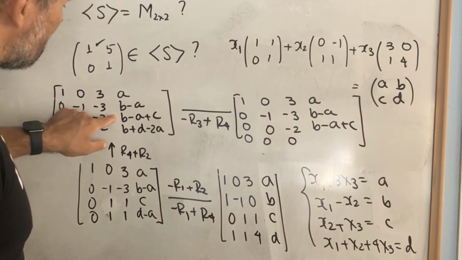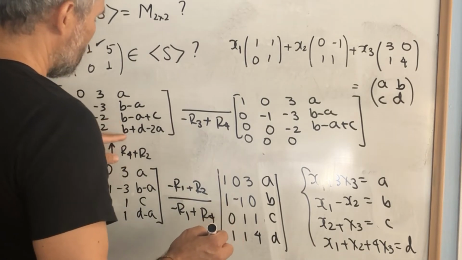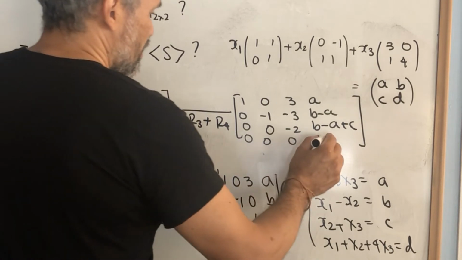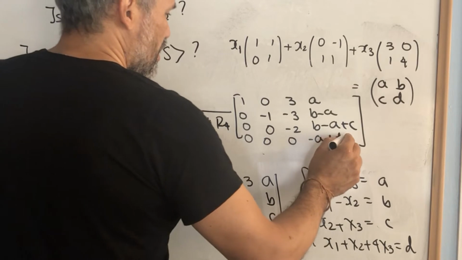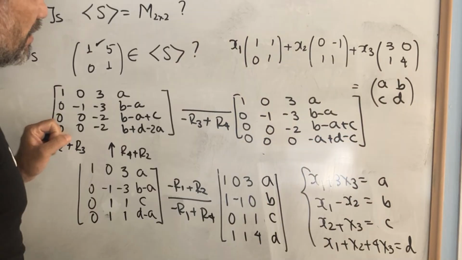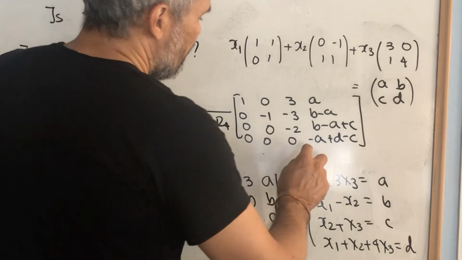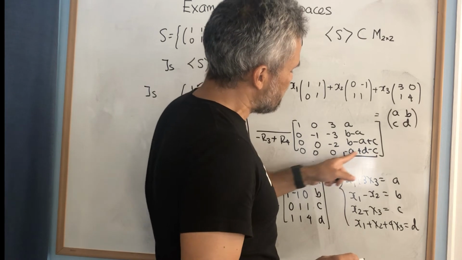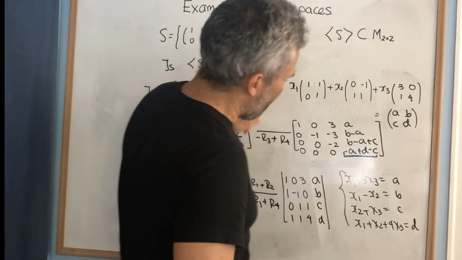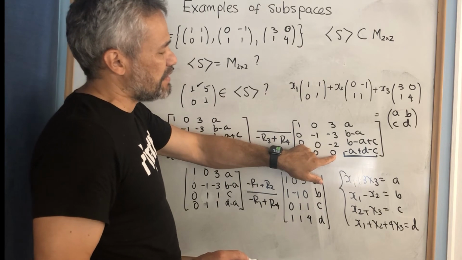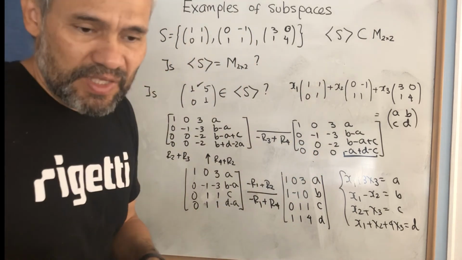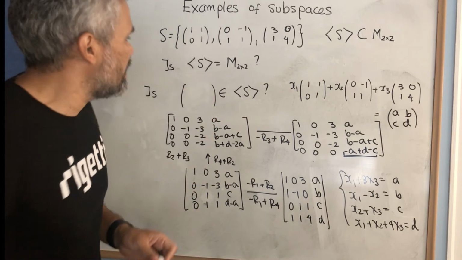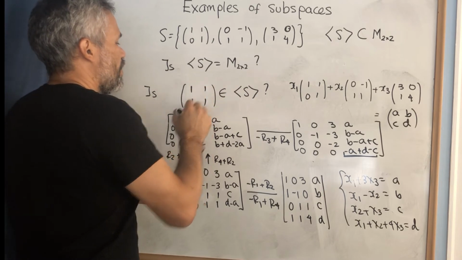And when I do this minus this, the B goes away, and I get negative 2A plus A, which is negative A, plus D minus C. This means that if we select A, B, C, and D such that this number is different from 0, then when we do the whole process, we will get an inconsistent system. Just as an example, if we change this by, let's say, 1, 1, 1, 1, right?